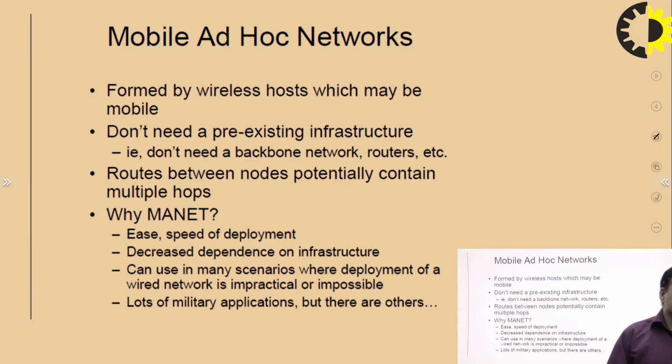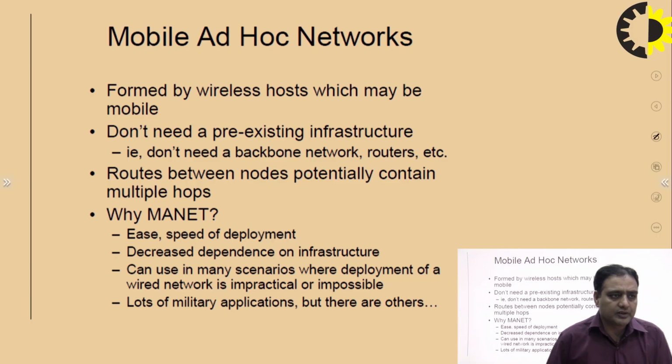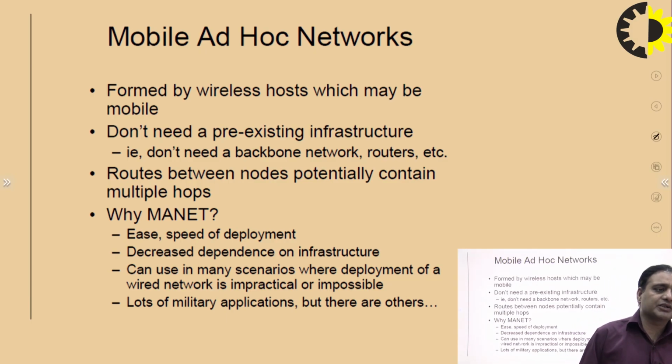Infrastructure means wired infrastructure. No wired infrastructure is required in these MANET networks. Decreased dependencies means it can be used in many scenarios where deployment of a wide network is impractical or impossible.